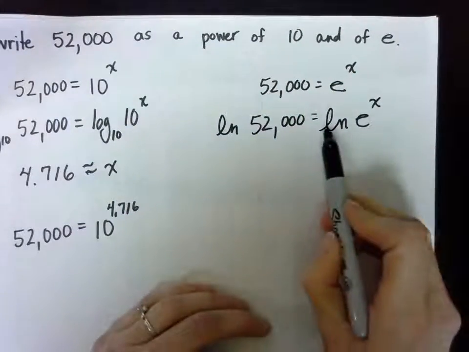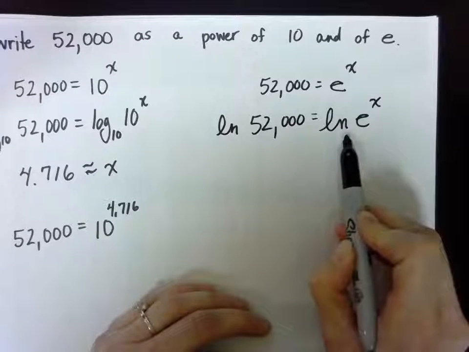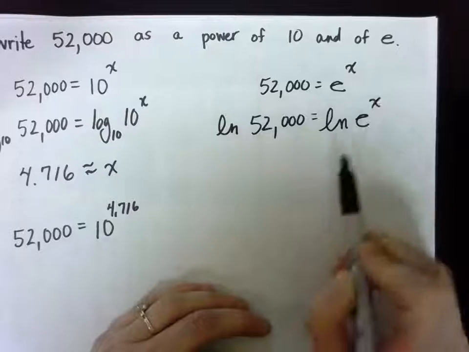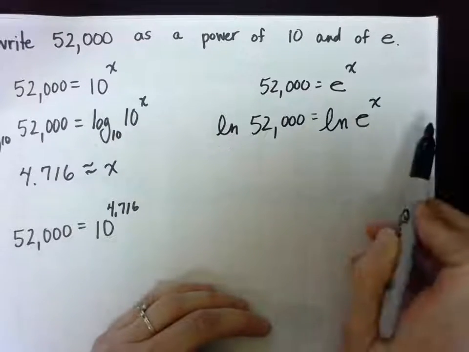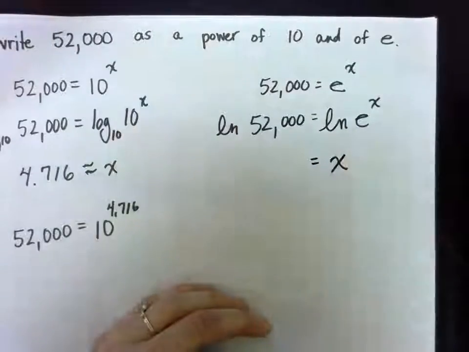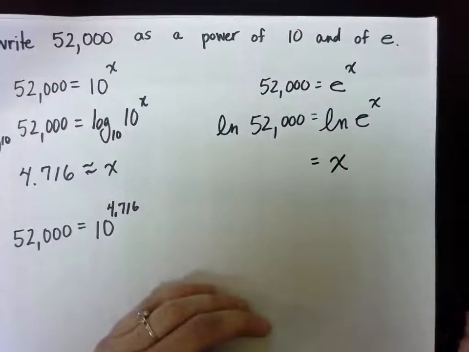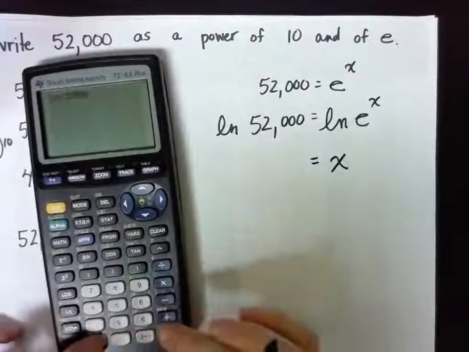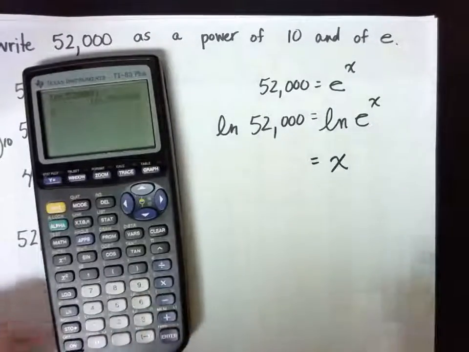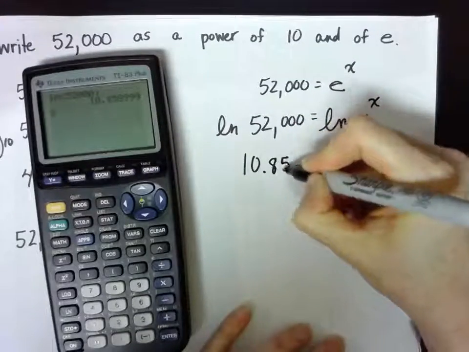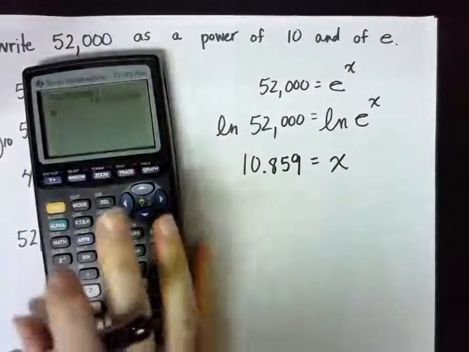So think about this, it's like log base e. What power would we have to raise e to get e to the x? Well, of course, e would have to be raised to the power x to get e to the x. And so this is x. And then the natural log of 52,000 is 10.859.